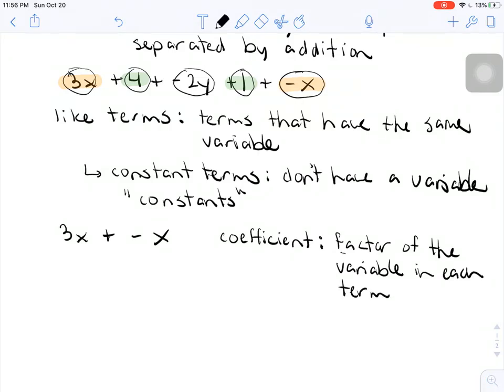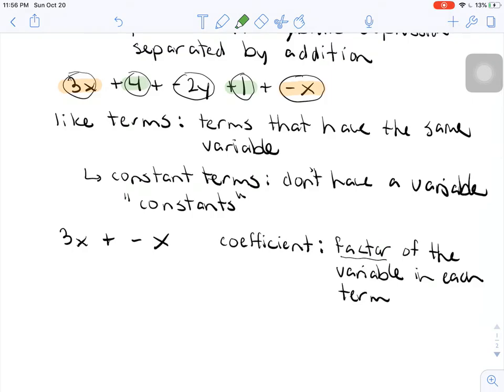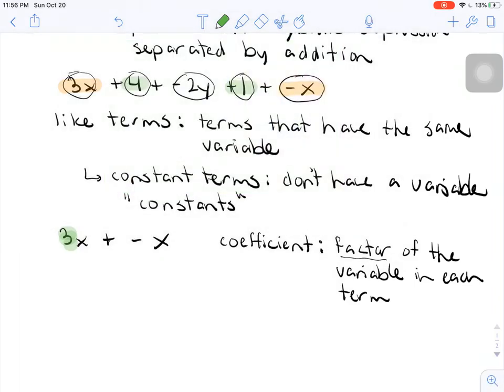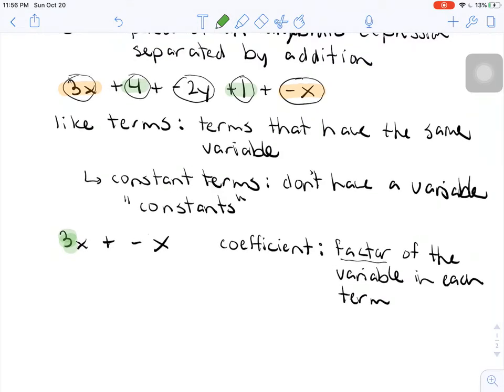You have to remember, a factor is a number that we're multiplying. Since we have two like terms we're looking at putting together, we have two coefficients. The first one, the coefficient is 3, because the x is multiplied by 3, or I have 3 of them. The second one is a little trickier to see, so you have to ask yourself, if I just have an x, what am I multiplying by? If you just have an x, we're actually multiplying by 1.